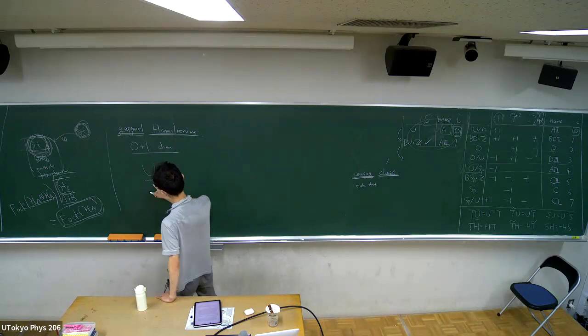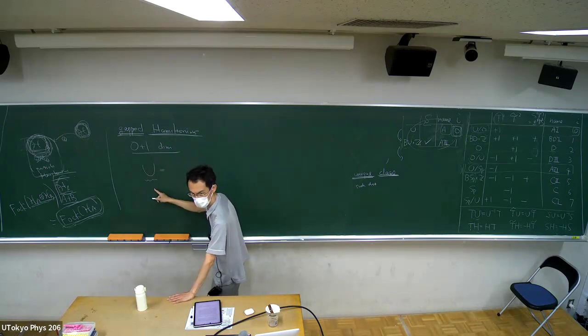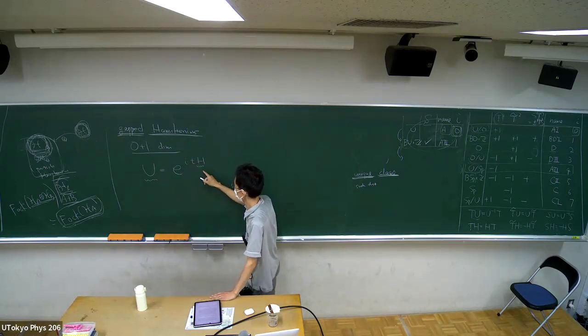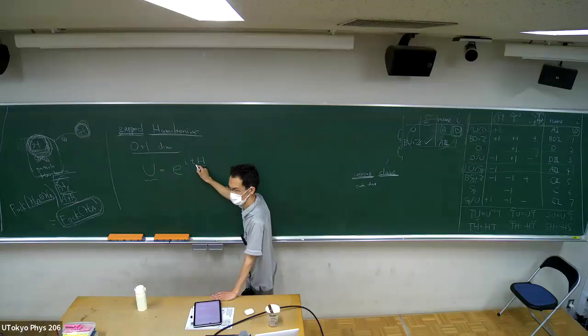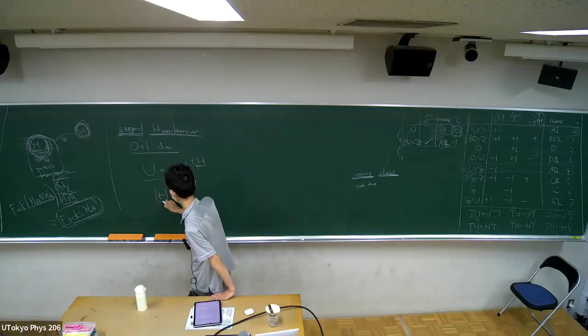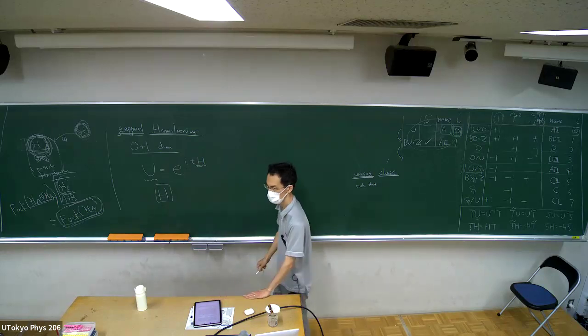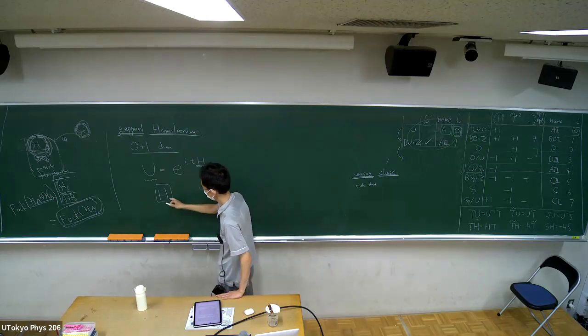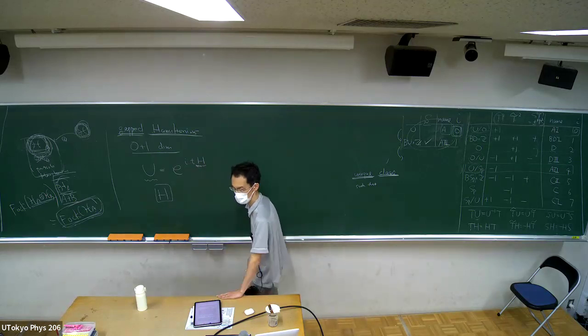So far, we have mainly been talking about U, the time evolution operator. But we would like to concentrate on H. So H is the Hamiltonian. If you prefer, you can think of this as a one particle Hamiltonian of a fermionic system.